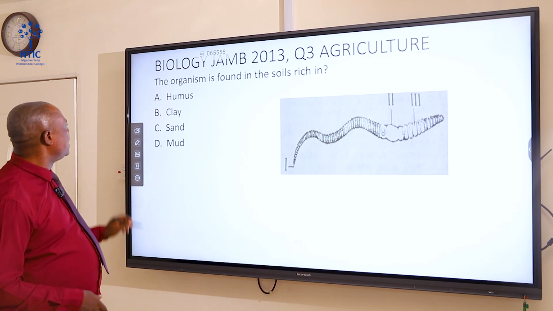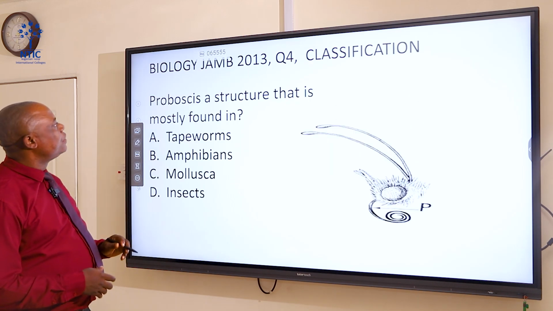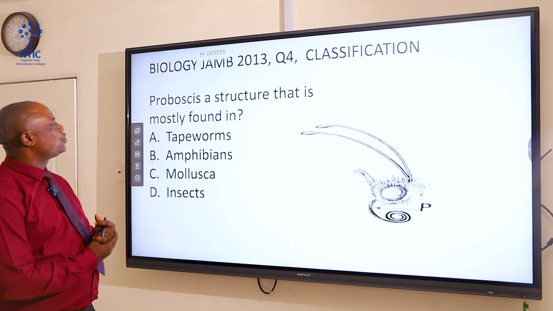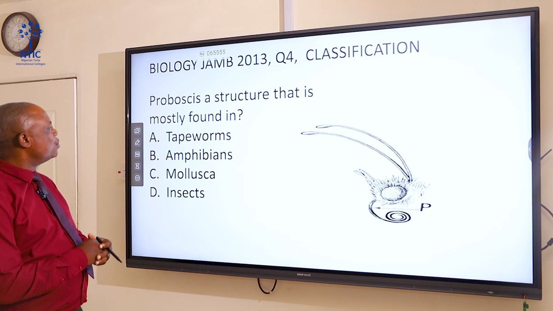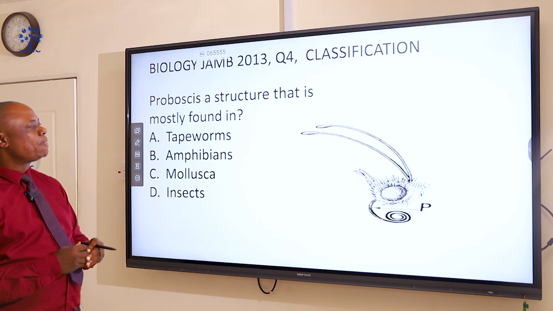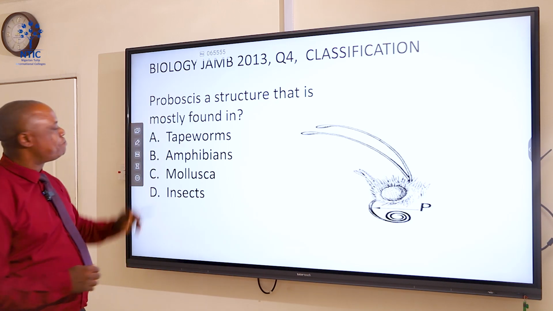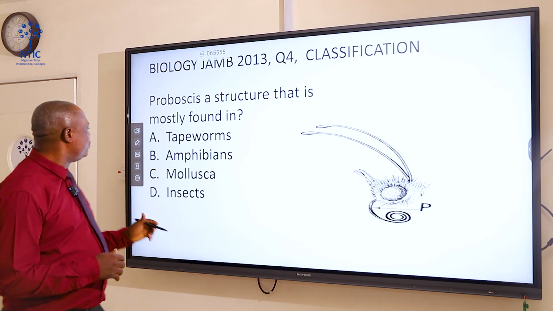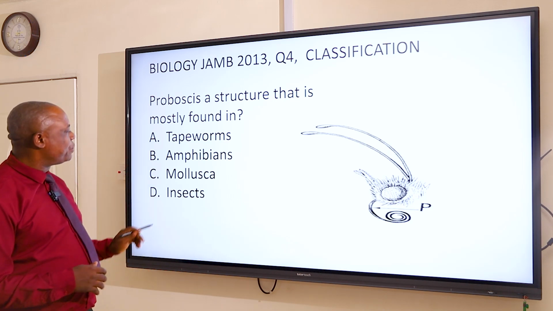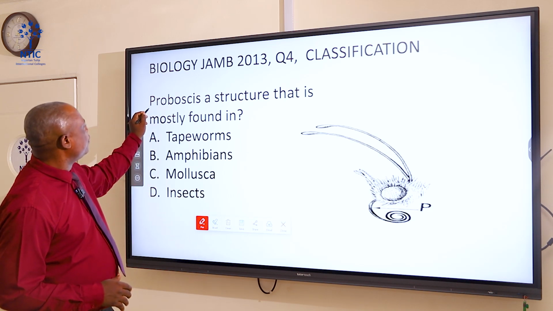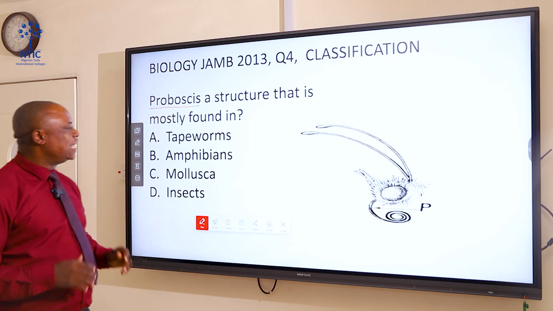Question number 4. Proboscis is a structure that is mostly found in which organism? The emphasis is on the proboscis. Which of the organisms in the options has it?